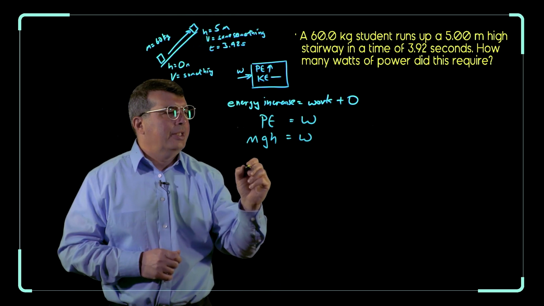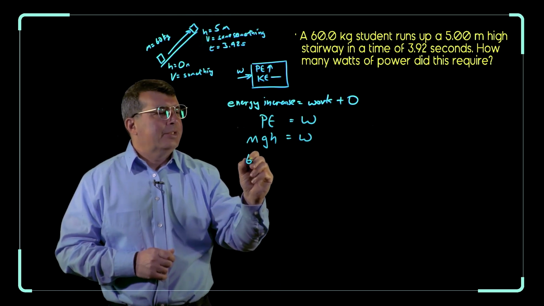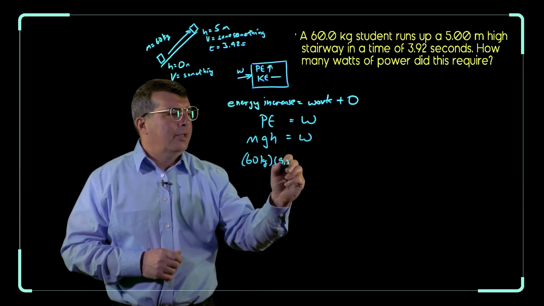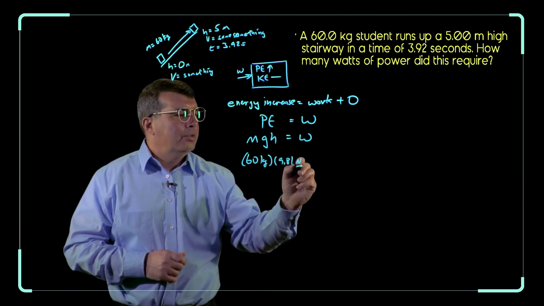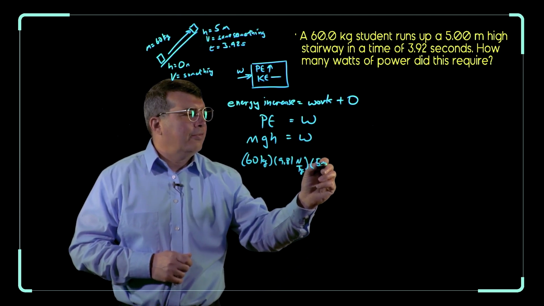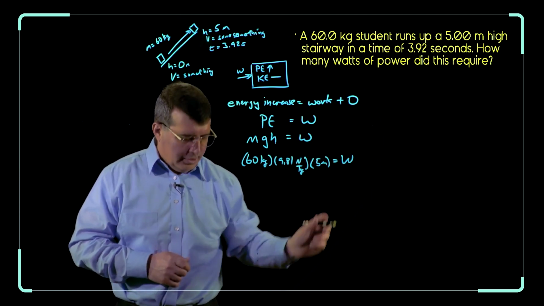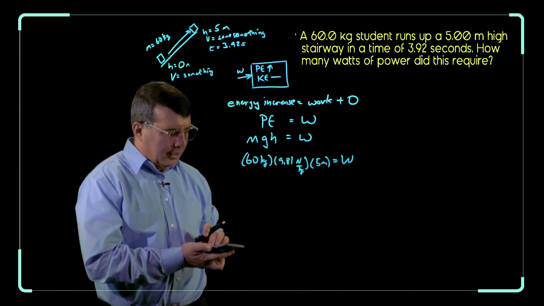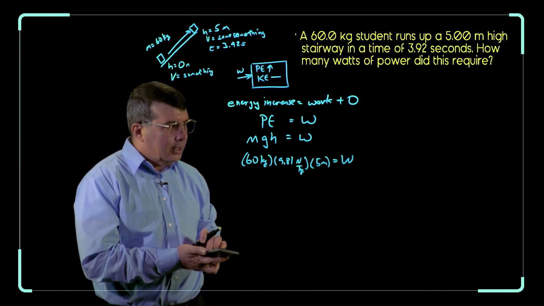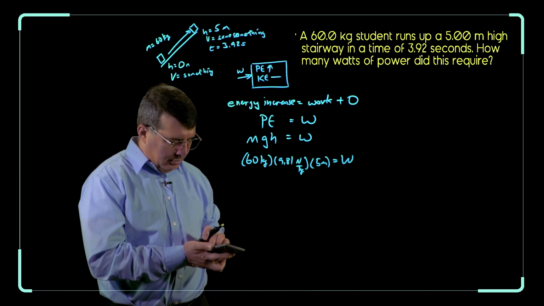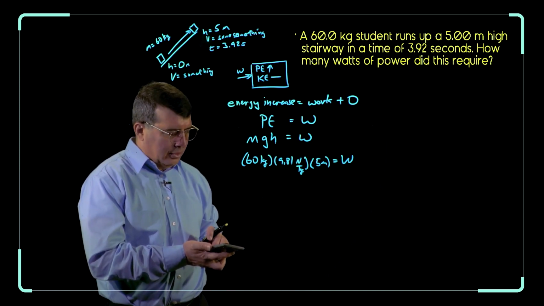That's the work done. The mass is 60 kilograms. G is 9.81 newtons per kilogram. And the height is 5 meters. Okay, so let's calculate that. 60 times 9.81 times 5.